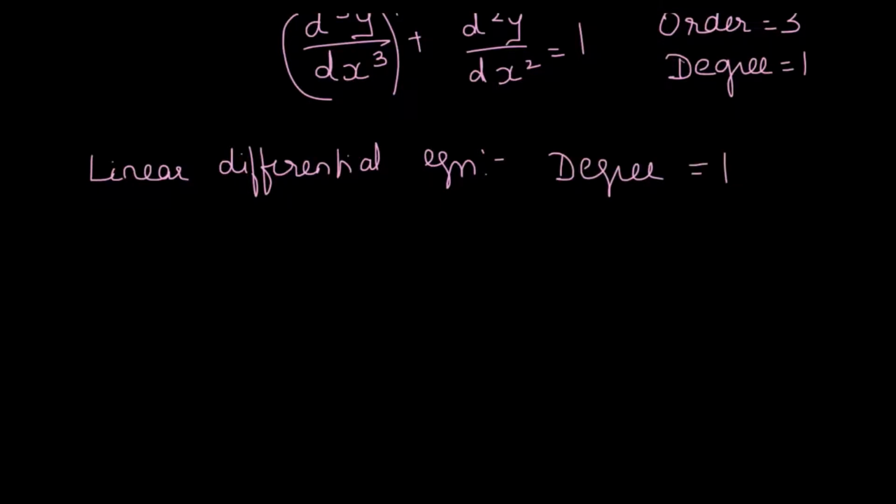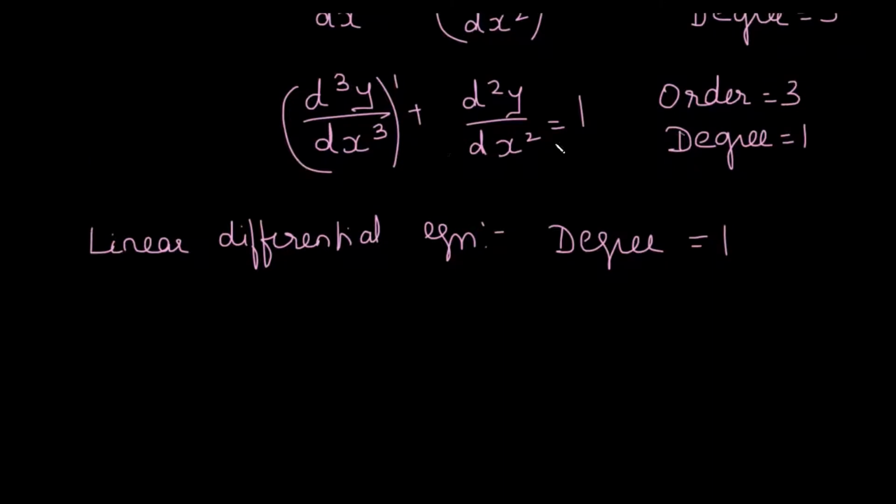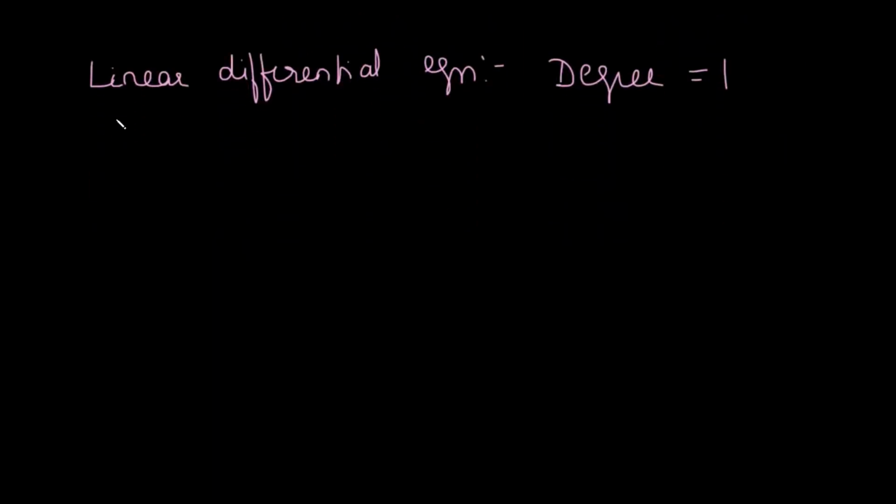For example, this particular equation is a linear differential equation which has degree 1. However, here we are going to study ordinary linear differential equations of the first order. So we are going to study only the first order linear differential equations.